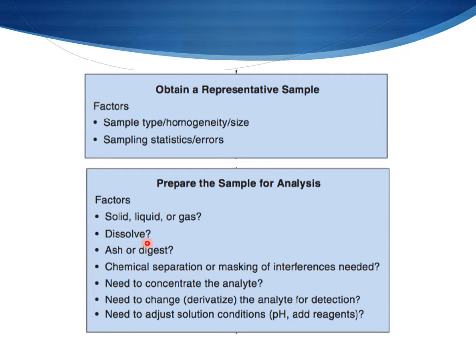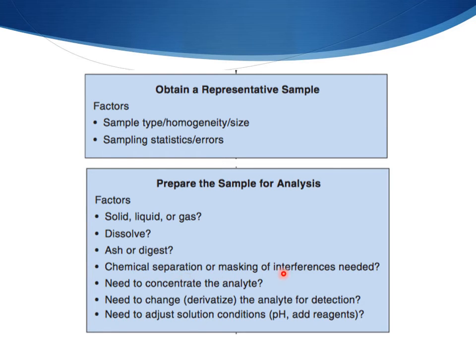Again, we have to select, for example, solvents in which the sample is soluble, or we have to make, for example, ashes, like in elemental analysis where we have to burn the chemical compound, and then at the end we get ashes. So it depends on what our requirement is.